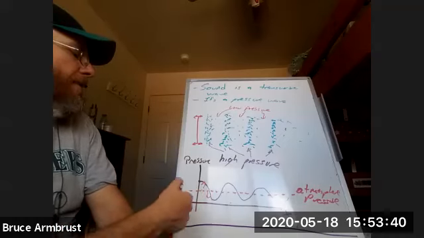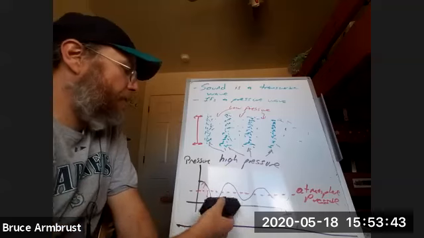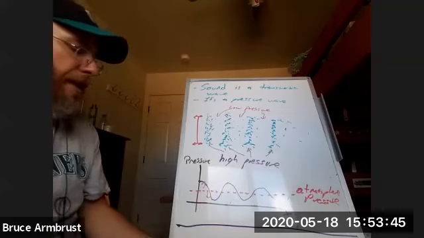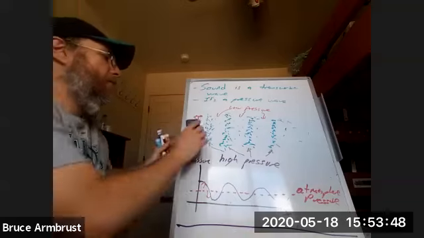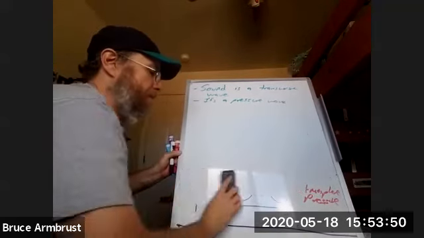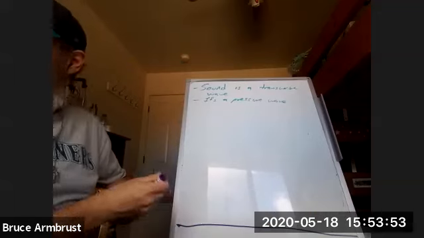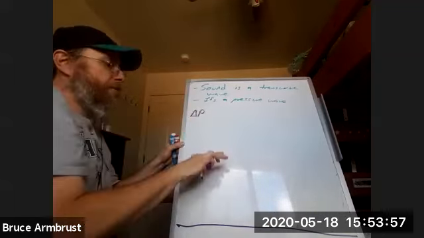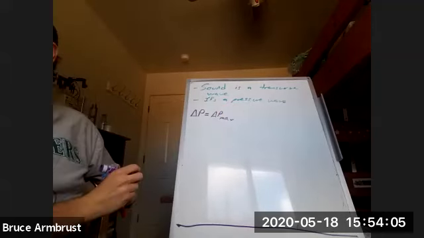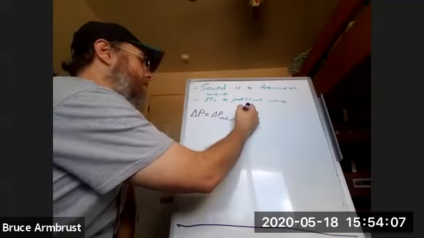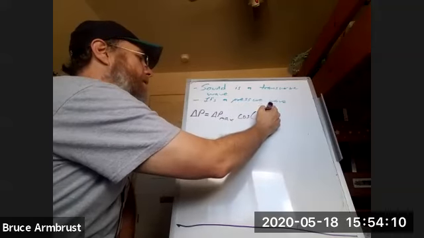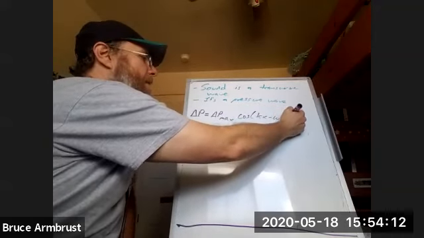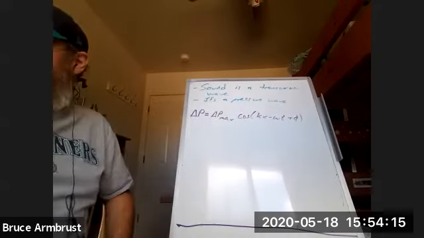Okay, so instead of looking at it as pressure, what we like to do is look at it as change in pressure. So let me just do this real quick. Basically, what we're going to have is the change in pressure. So that's the going up or going down. Well, it's going to be some maximum change in pressure times cosine of kx minus omega t plus phi.